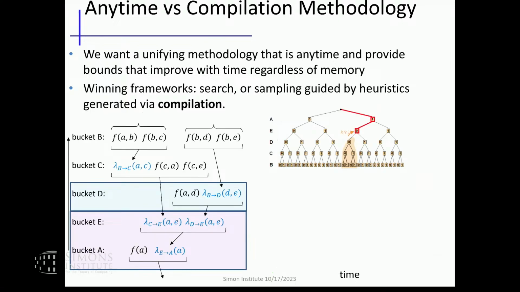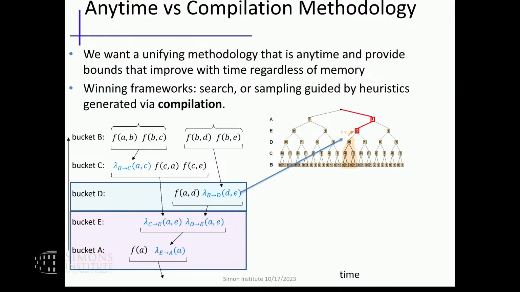This is an overview slide of the approach that we have taken. The approach is the approach of heuristic search. So we do want to find a unifying method that is anytime, as I said. And what I will argue is that heuristic search is a perfect framework for this type of algorithms. And what you see here is a search space, and you need a heuristic.